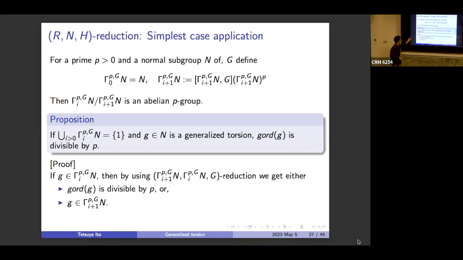But this formulation is a bit technical, so I skip it. What I would like to say is that by taking some reduction and iterating the argument, we are able to get some information on the order of generalized torsion elements.